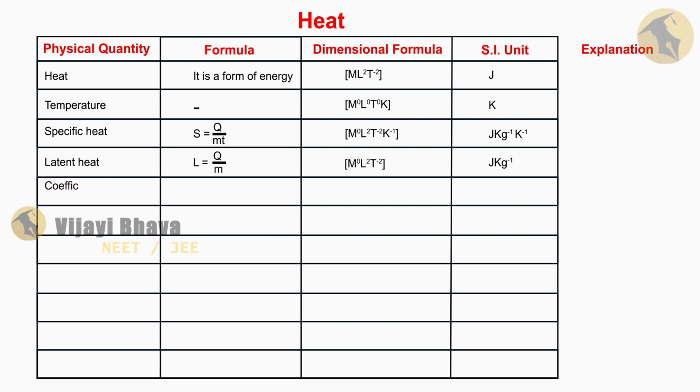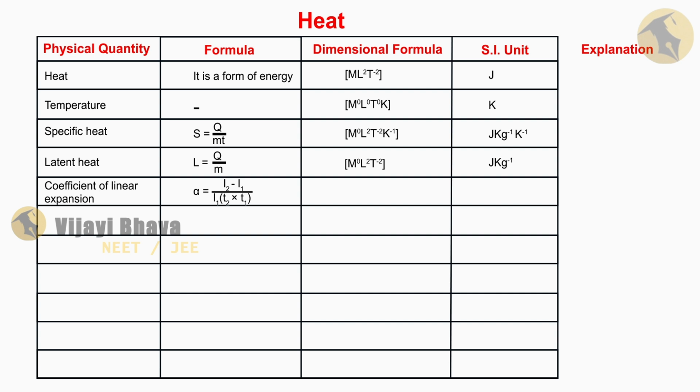Next, coefficient of linear expansion. Coefficient of linear expansion is the ratio of increase in length to the original length per 1 degree centigrade rise of temperature. So, alpha is equal to L2 minus L1 by L1 into T2 minus T1. Here, L2 minus L1 is the change of length and L1 is the original length.